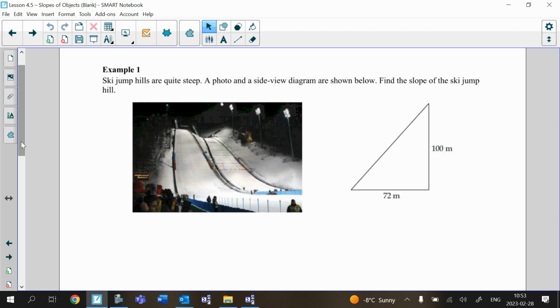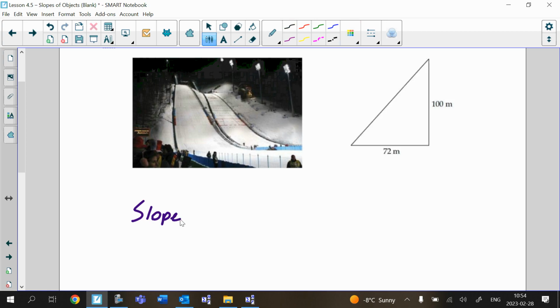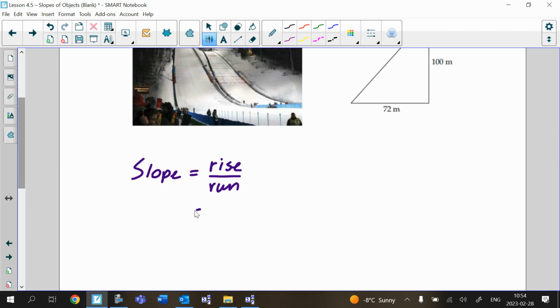To find its slope, this is where we think of slope as rise over run. The rise is 100 meters. The run is 72. So that works out to 1.4. What exactly does that mean?